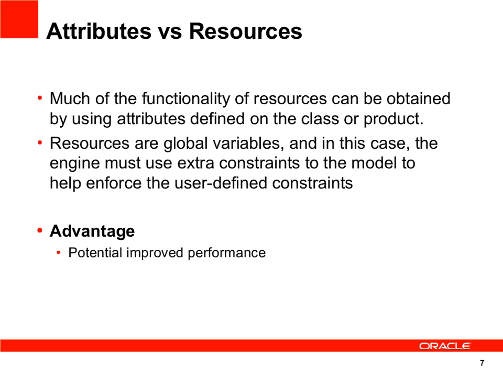The first one is quite an easy one. It's about attributes versus resources. Resources are a kind of global variables available from the iLog engine. And the engine, in order to use those resources, must add extra constraints to the model to help enforce the user-defined constraints.